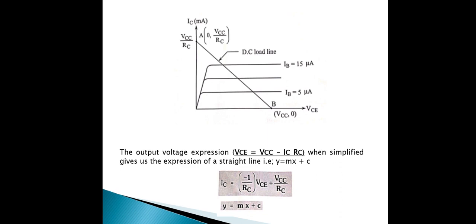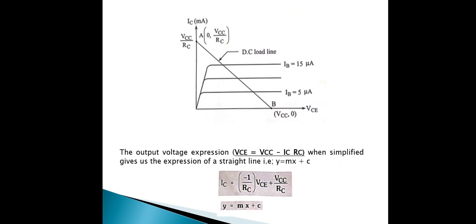So that is why when we talk about transistors, DC load line analysis is considered very important in knowing the transistor characteristics. Compared with the traditional methods of calculating the collector current IC and collector emitter voltage, this is the simplest way of calculating the collector current, that is output current, and collector emitter voltage, that is output voltage.